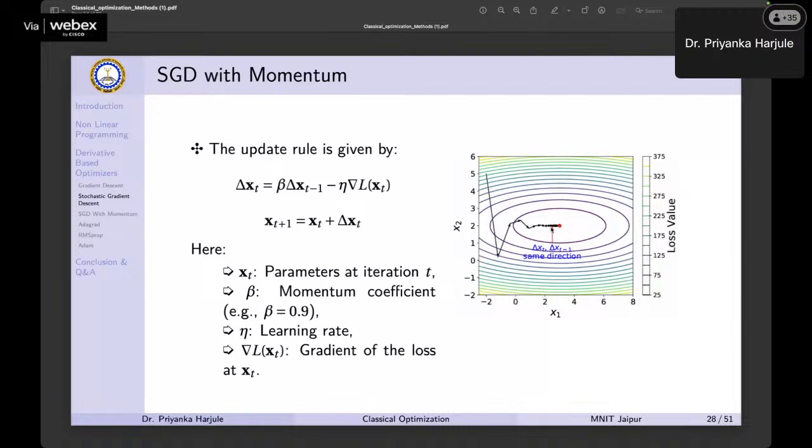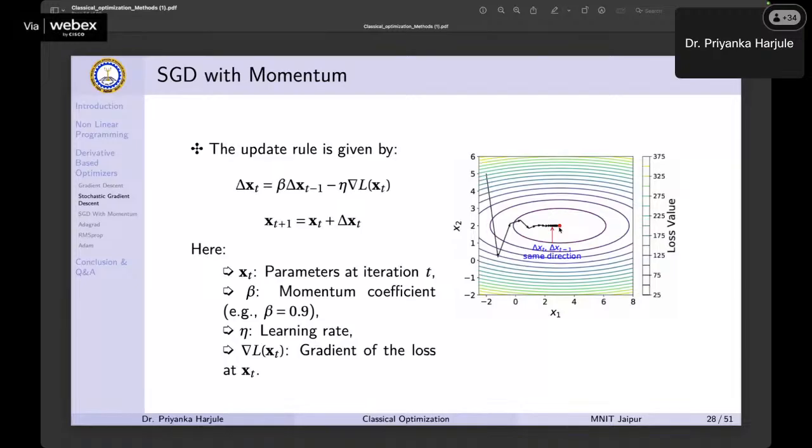And here you can see that the update direction, delta x_t, and the previous update direction, delta x_(t-1), are aligned, because momentum is building up in this direction. So the momentum is helping to slow down these zigzag movements, and as a result the entire convergence process has been speeded up.